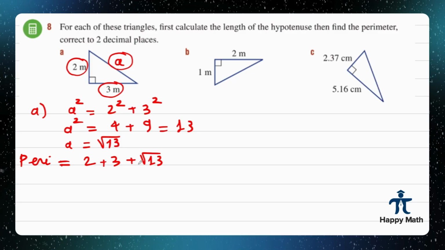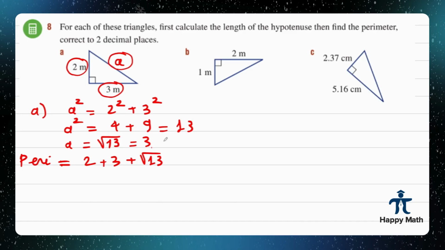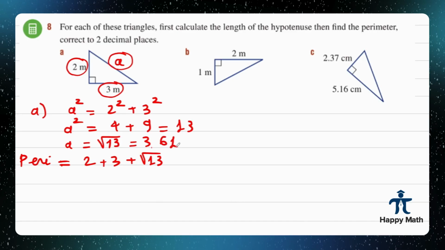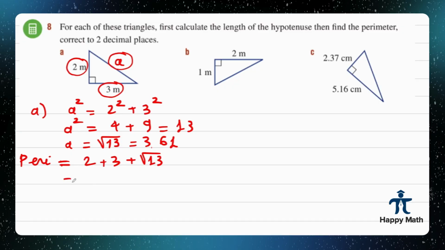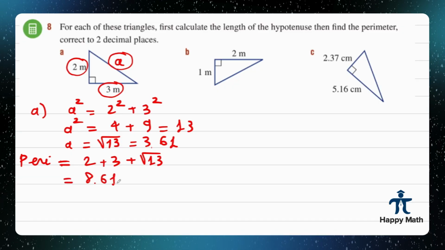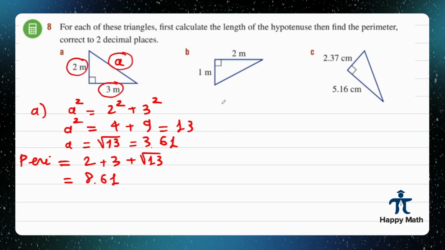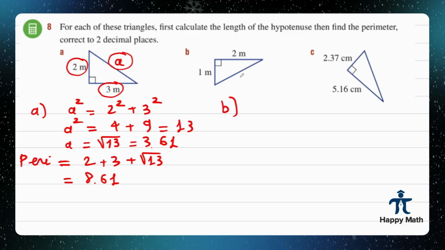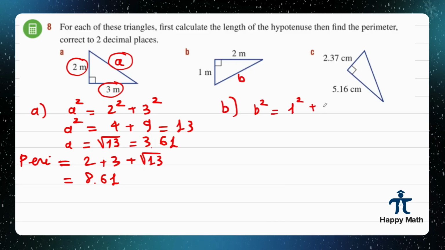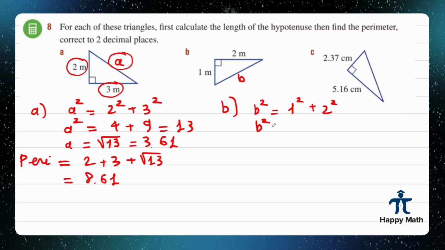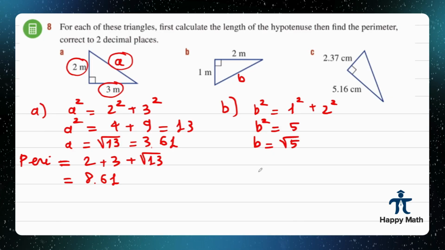The square root of 13 is equal to 3.61, and 3.61 plus 5 more, you have 8.61. Yes, that is how you work out question A. About question B, this will be B. B squared will be 1 squared plus 2 squared. B squared is equal to 5 and B is equal to the square root of 5.